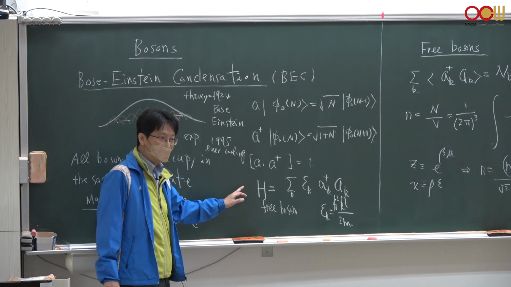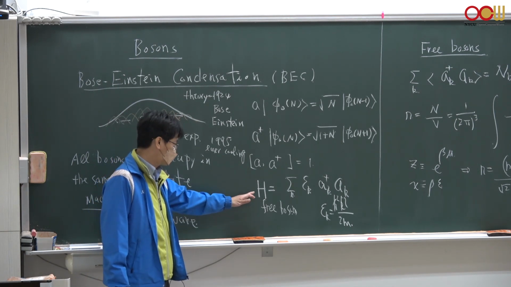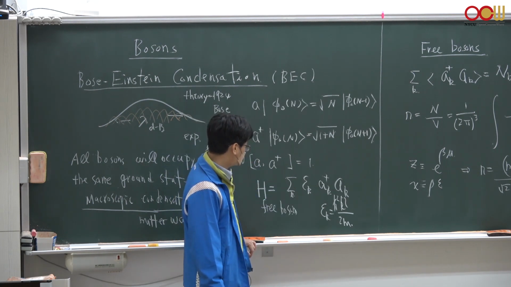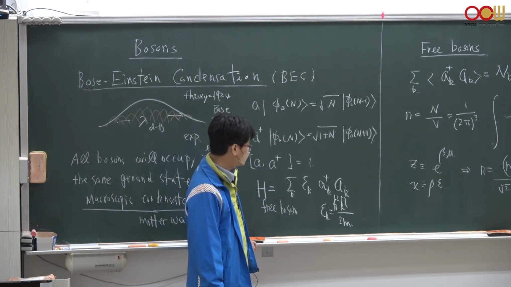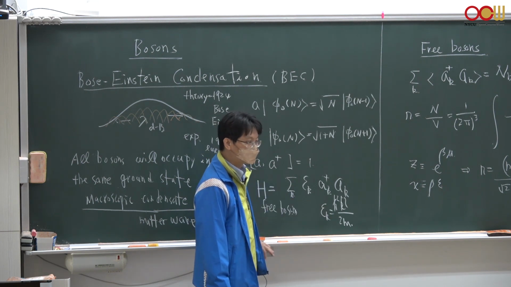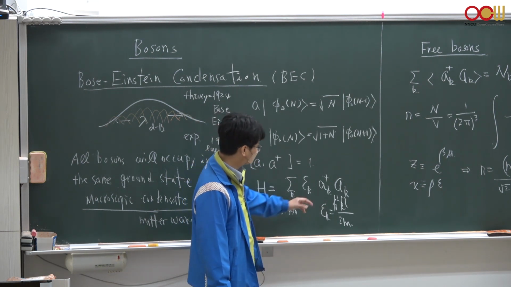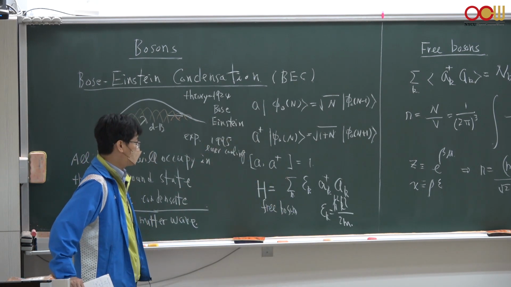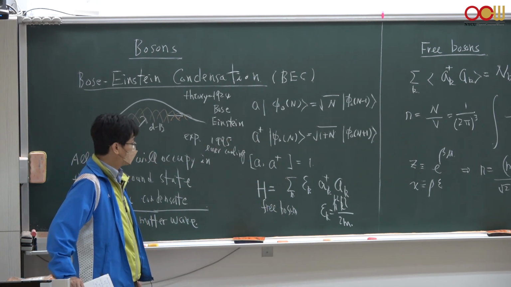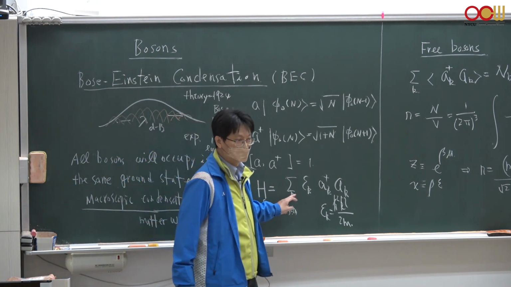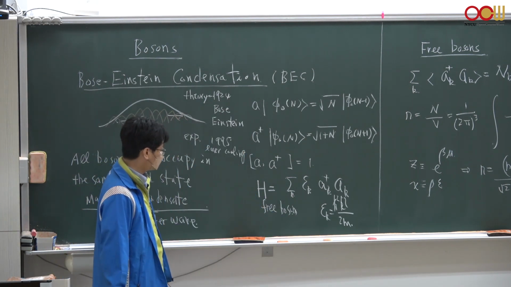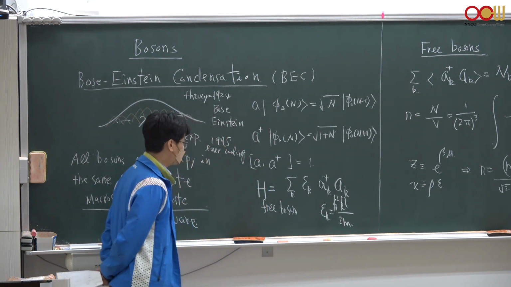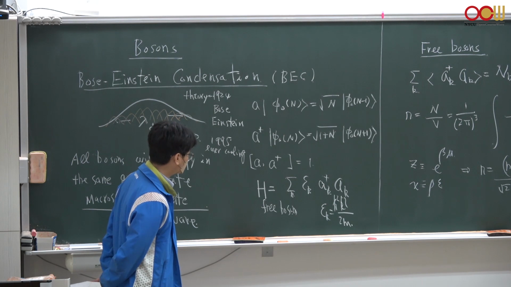And such a free boson Hamiltonian is expressed in terms of a simple Hamiltonian, where epsilon k represents the kinetic energy of a free boson, and a dagger k a k is the occupation number operator to count the boson number in the momentum states. Each boson carries h bar squared k squared divided by 2m kinetic energy.